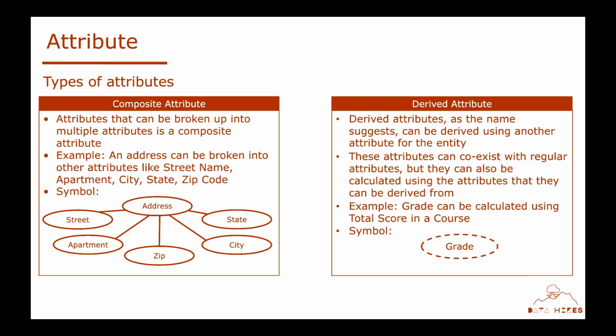Each school must have some formula, and let's say this formula in this case only depends on the total score. So, for example, a total score would be 95. The grade can be calculated using this total score, say, into a grade of A. Such attributes that can be calculated using other attributes are called derived attributes, and they are represented like this using a dashed line for the ellipse, as you can see here.